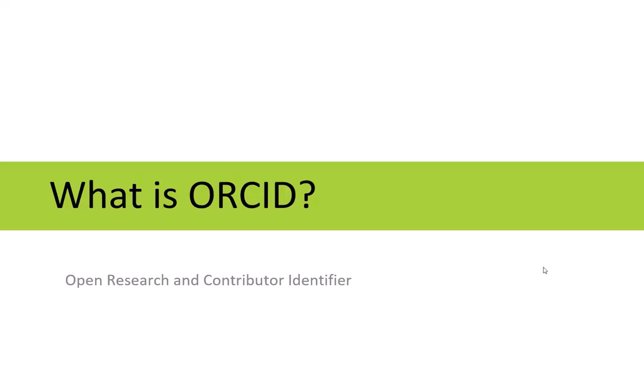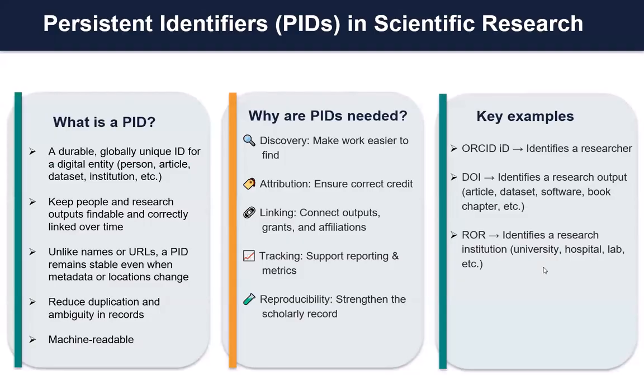ORCID stands for Open Researcher and Contributor ID. It's a persistent identifier that you can sign up for to identify yourself. Persistent identifiers are not new in scientific research. They are durable, unique IDs for digital entities.